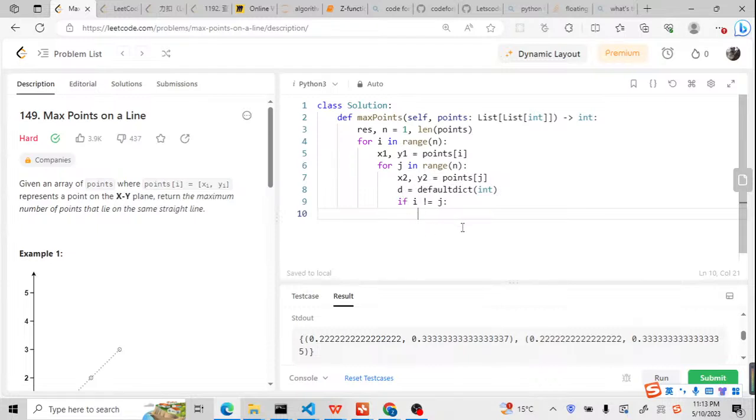But we can calculate a factor first. So the factor should be the GCD with x1 minus x2. It doesn't matter, or x2 minus x1.